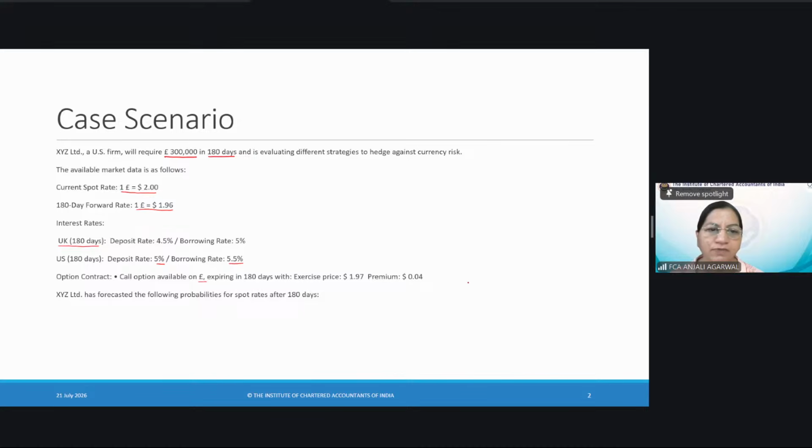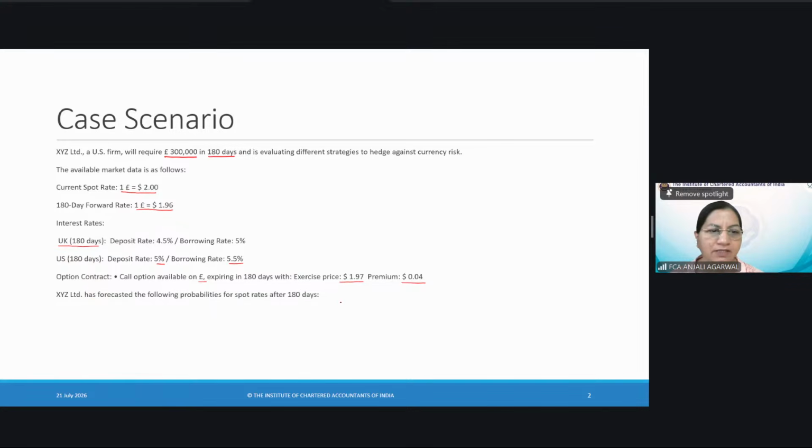The call option, which is available on pounds, is expiring in 180 days, with an exercise price of $1.97. So if the call option buyer wants, it can buy £1 at $1.97. For this, it has to pay a premium of $0.04.